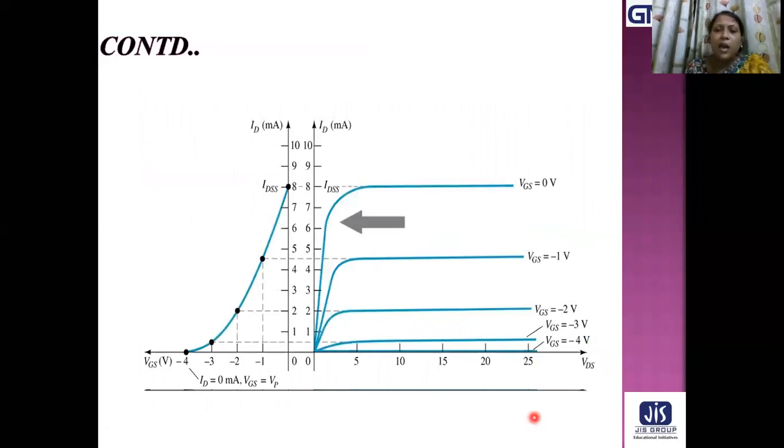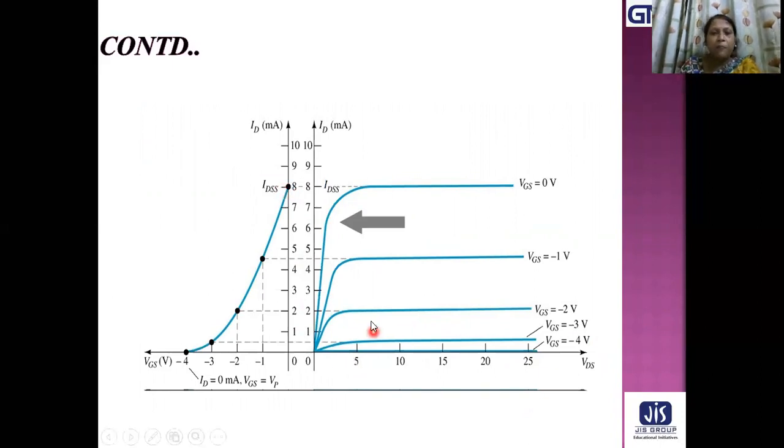This is the amalgamation of drain characteristics and transfer characteristics. You find that the magnitude of current is the same for the drain characteristics and also for the transfer characteristics, but the voltage is varying.